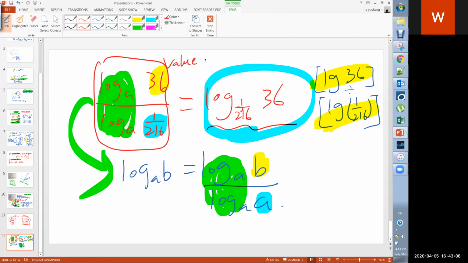They never say find A. If they wanted the value of A, they would say find the value of A. Unless they say find the value of A, then you need to specifically find A. But now they don't want to find the value of A. Okay.